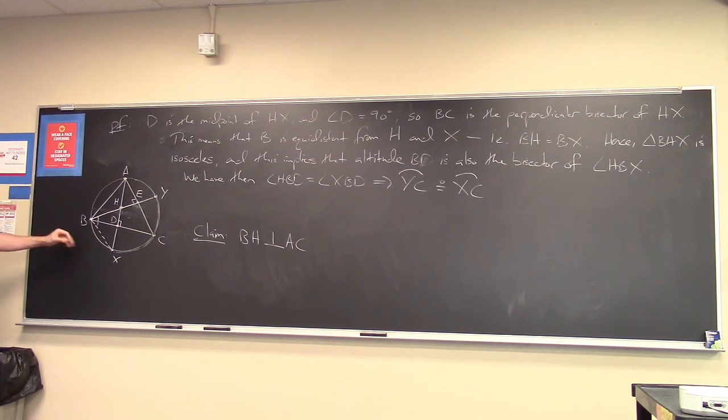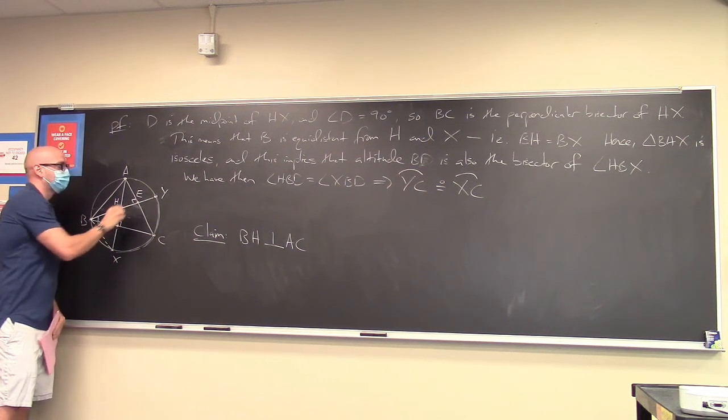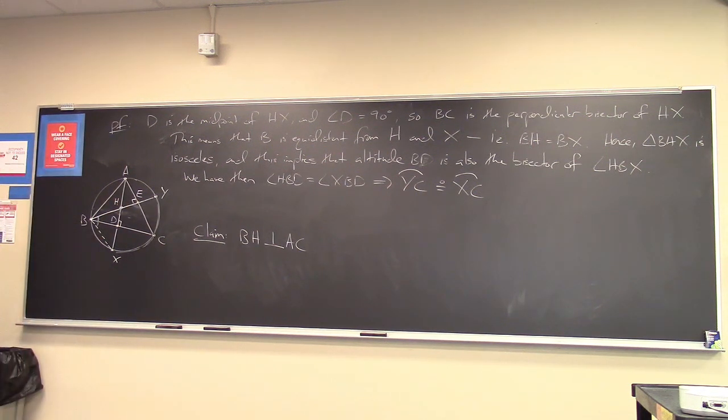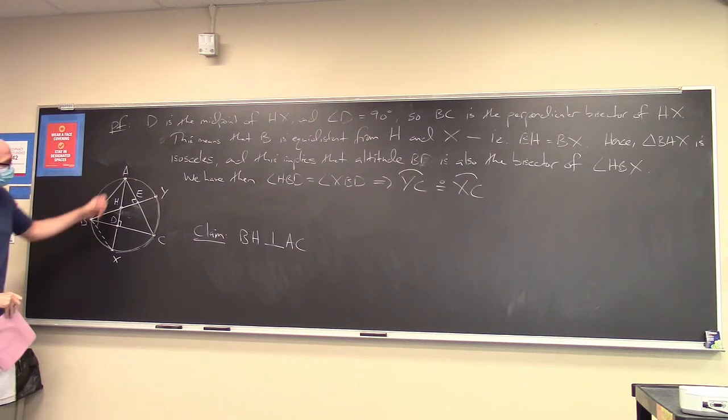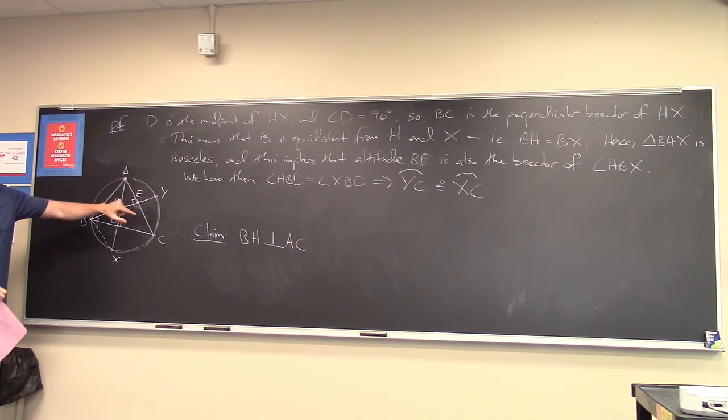Well, the reason is because proofs in mathematics aren't usually written in the same way as you originally think about these things. If you're originally thinking about this problem, you're going to be thinking, I want to show this is a right angle. How am I going to do that? Well, I have two intersecting chords, and I know how to measure angles between intersecting chords.